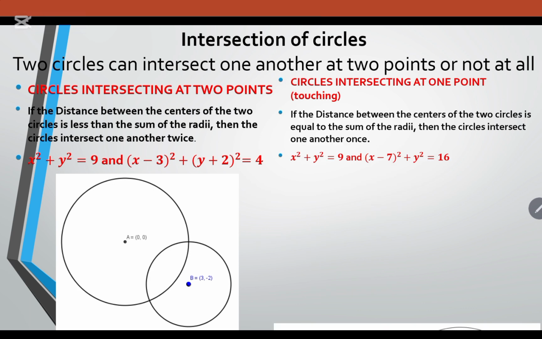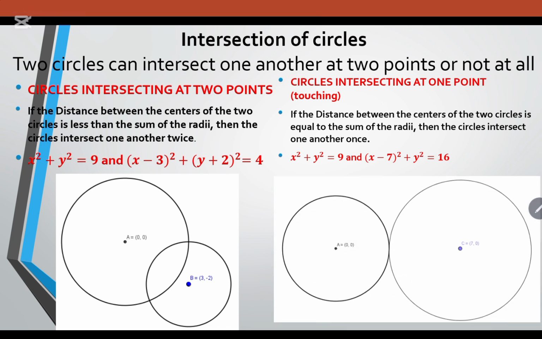Circles intersecting at one point means they are tangential. If the distance between the centers of the two circles is equal to the sum of the radii, then the circles intersect one another once, or they are tangential. So let's look at the picture.